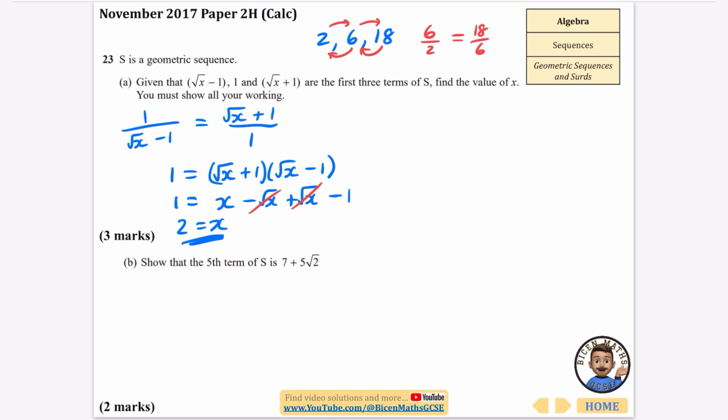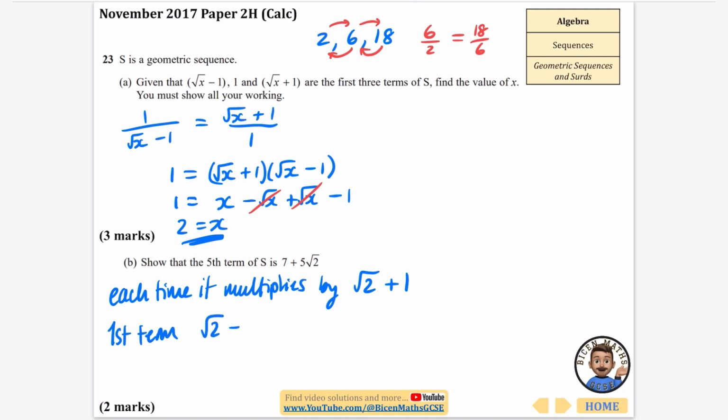Well, I guess we can actually find out what it's multiplying by each time. This is what it's multiplying by each time. So each time it multiplies by root x plus 1, which is root 2 plus 1. Now, our first term, we could say, is root 2 minus 1.